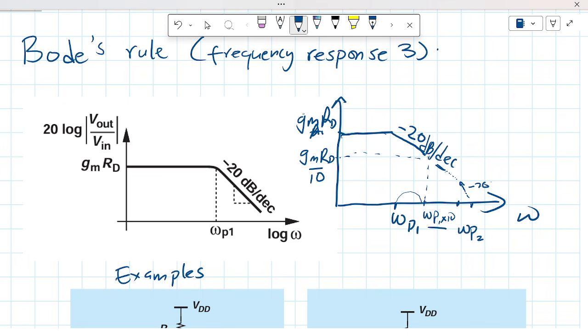So if we reach a zero frequency, then from negative 40 we go back to negative 20, and another zero frequency will send us back to the straight line that we had. Let me just sketch it. Assuming we were here, then we reach a zero frequency like this, what would happen is an increase by plus 20 decibel per decade.